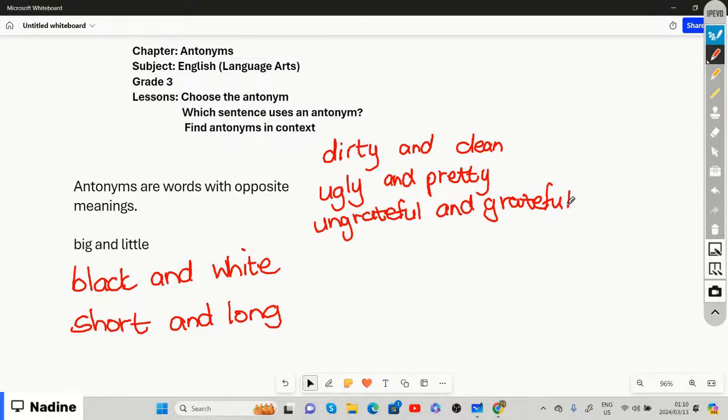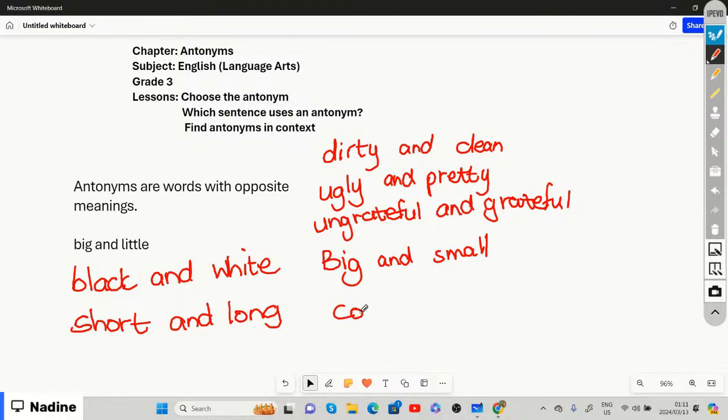If we look at another word that is an antonym, talking about opposite in meaning, it can be big and small. So we either say big and little, or big and small, right?